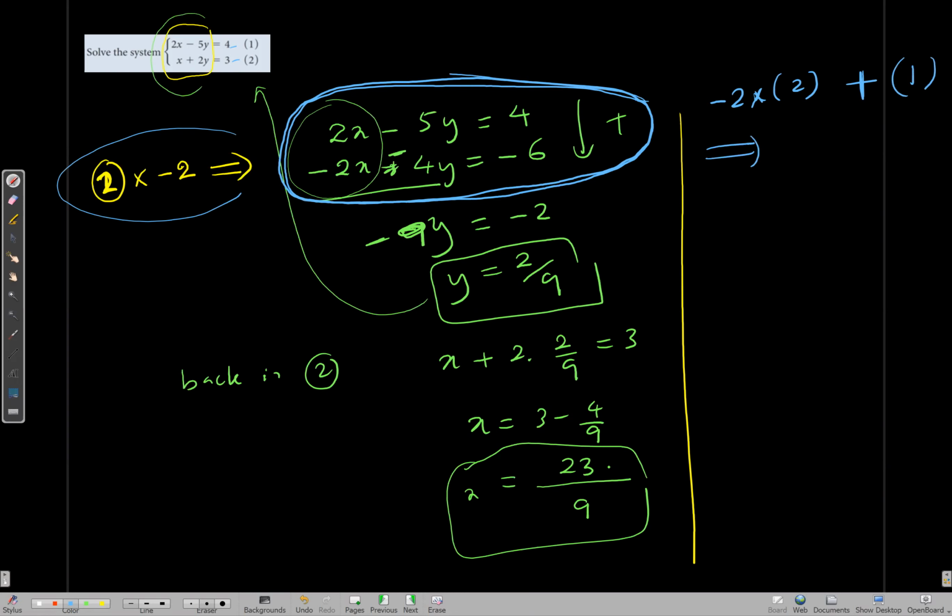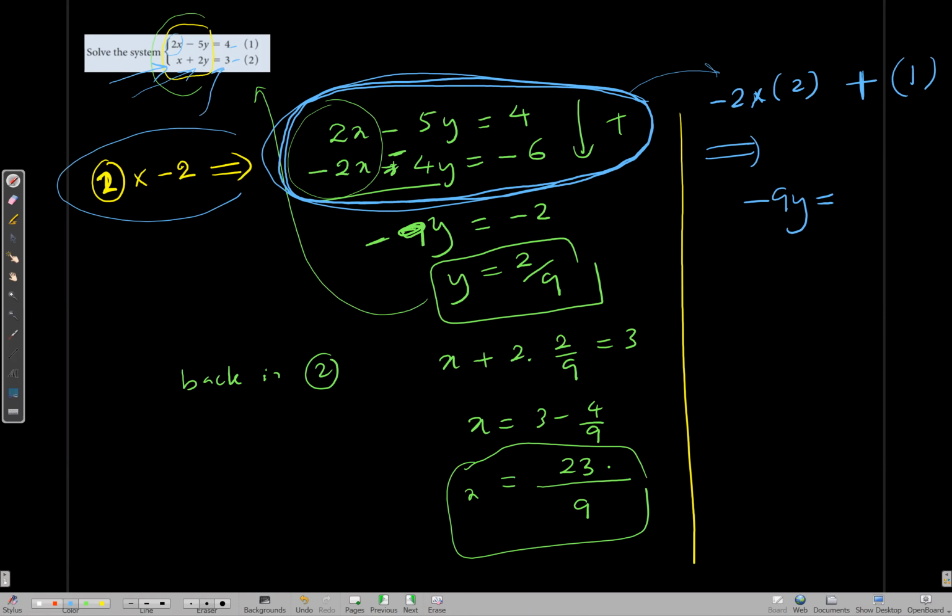So this whole thing, I made into one simple notation: equation number 2 multiplied by -2, and let's add it to the first equation. Now in your mind, equation number 2 times -2 gives -2x, and with the first equation, -2x and x is gone. And for y's, -2 times 2y is -4y, and here -5y, so we have -9y equals the right-hand side.